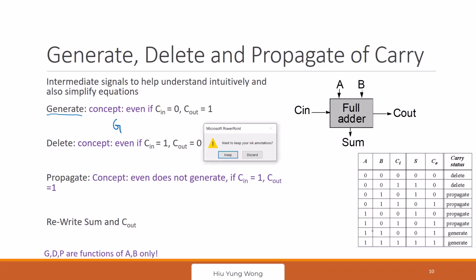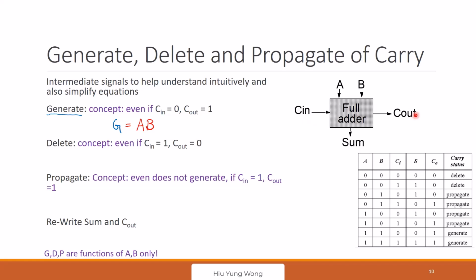Yes, it does generate. So generate will naturally be equal to AB. Do you agree? When both A and B equal 1, I don't care what the carry in is from the previous bit, I'm going to generate a carry out. Is this okay?